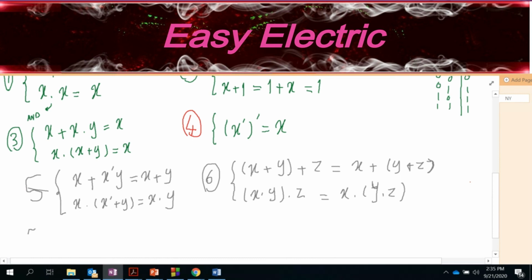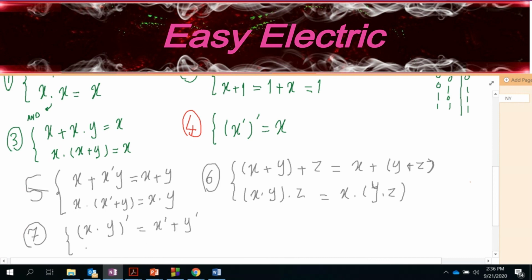So let's have the last one, number 7, which is De Morgan's theorem. It says if you take x and y, then take the prime of this, or take a not of x and y, it's equal to x prime plus y prime.